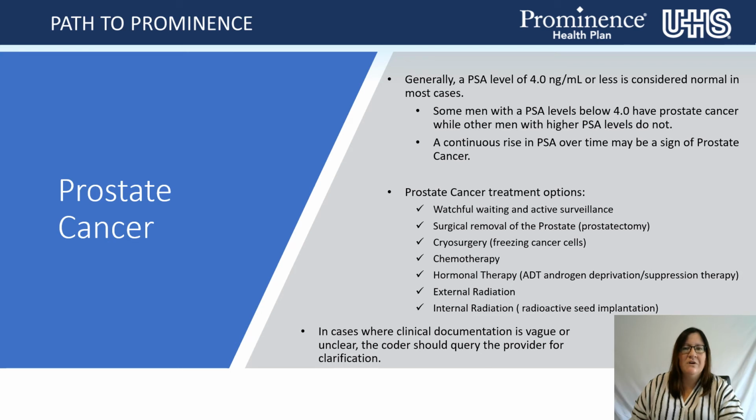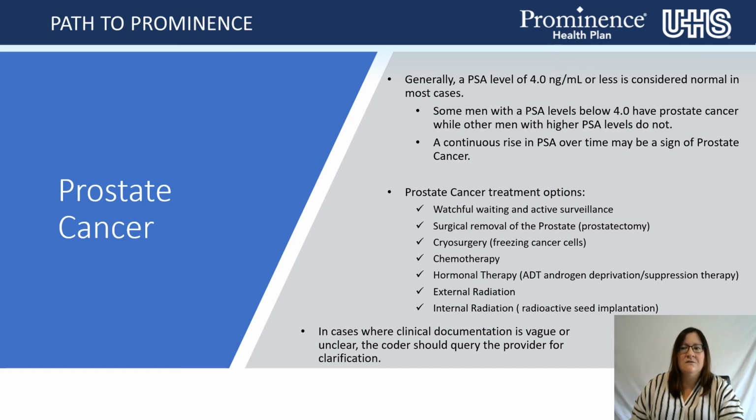Some information regarding prostate cancer. Generally, a PSA level of 4.0 or less is considered normal in most cases. Some men with a PSA level below 4 do have prostate cancer, while other men with a PSA above 4 do not have prostate cancer. A continuous rise in PSA over time may be a sign of prostate cancer.